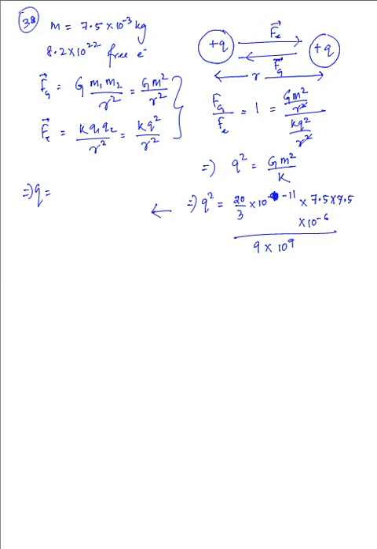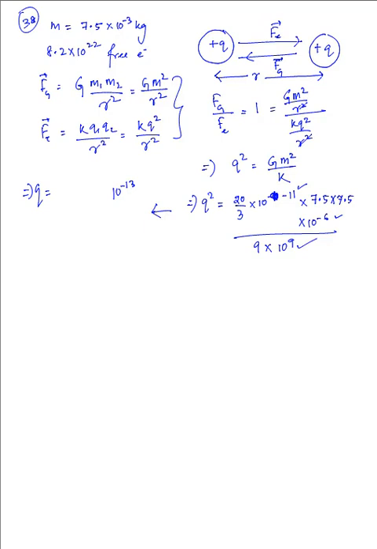Now let's check the power terms first. This is minus 11 minus 6, so that is minus 17, and this 9 goes up, that becomes minus 9, so the power term is 10 to the power minus 26, and under the root that gives us 10 raised to the power minus 13.